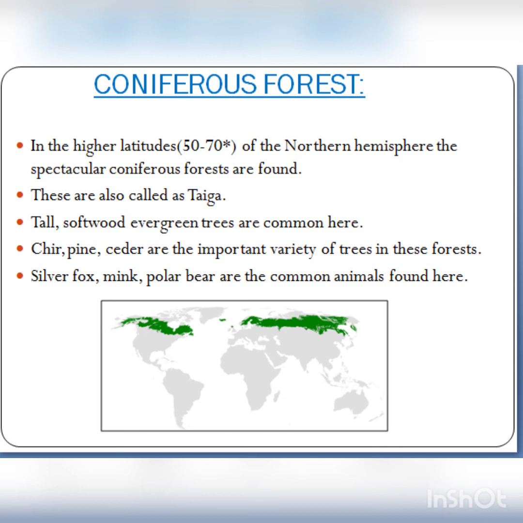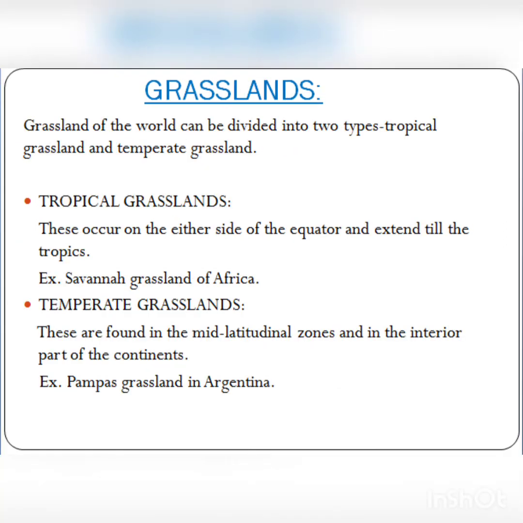Some of the animals very common here are the silver fox, mink, and polar bear. In the map, the green portion mainly in the northern hemisphere is the location of coniferous forest in the world.